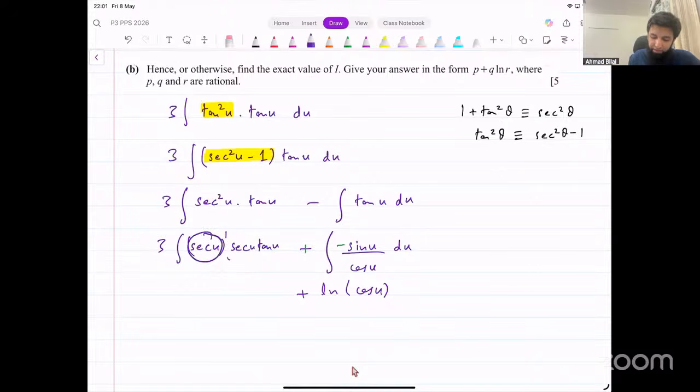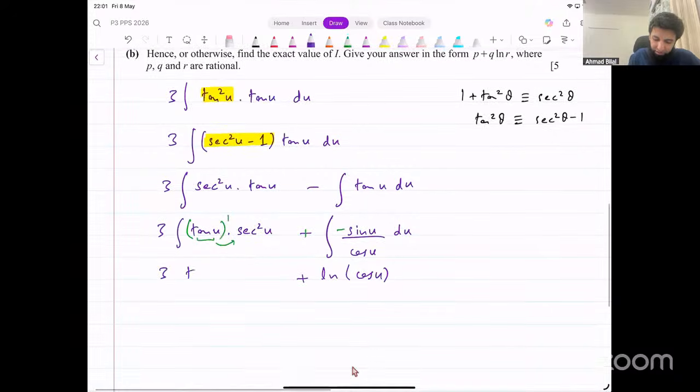Derivative of secant is secant into tan, so you could use that as well. The other idea could be that you rearrange and write it like this, tan u into secant square u. And now you could say you have tan u power 1. Derivative of tan u is multiplying outside, which is secant squared. So the integration is just going to be tan square u divided by 2.